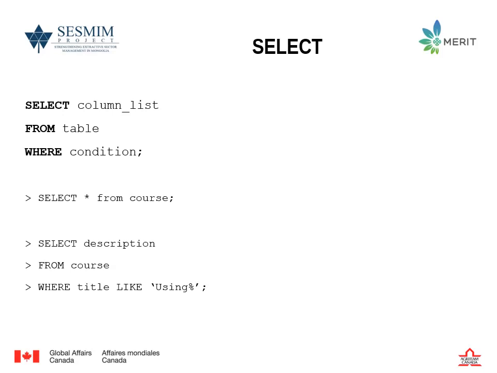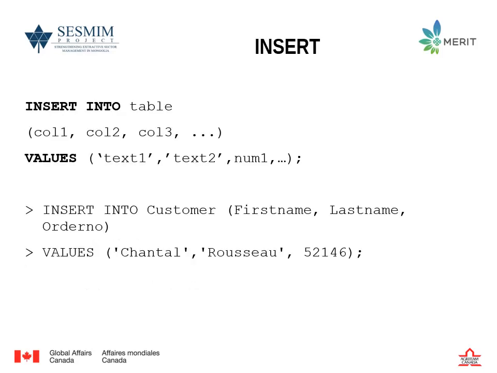It would select the description and the course from the table if the title starts with using. This is an example of how you would insert values into a table with SQL.